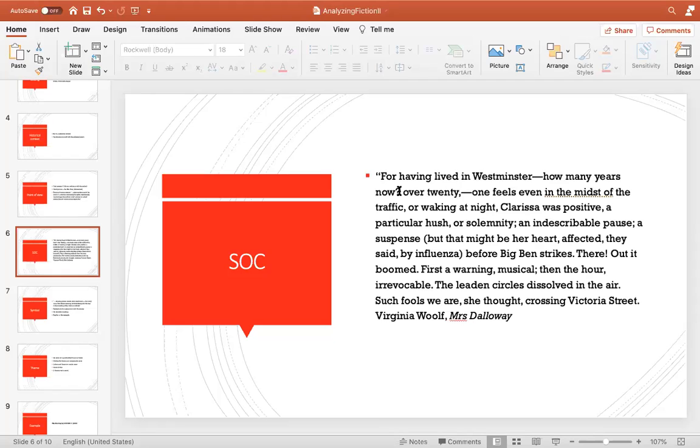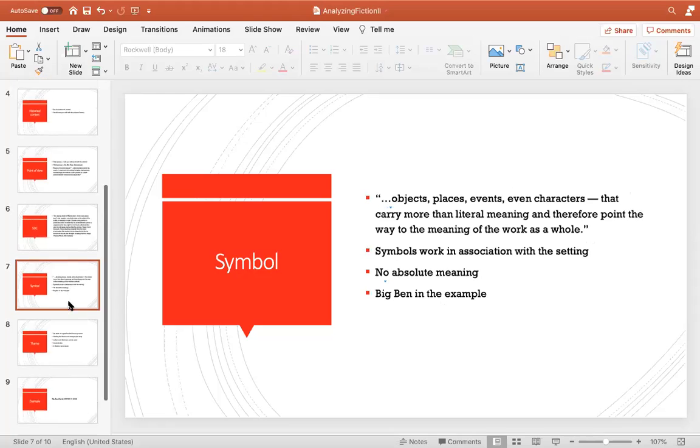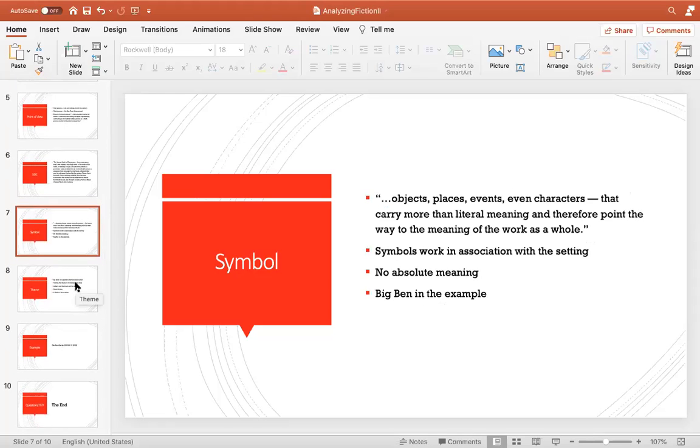Okay, but if you think that way, that means you are thinking about Big Ben symbolically. It becomes a symbol, right? So it does not have an absolute meaning. The meaning that you attribute to an object, treating that object as a symbol, that meaning is not absolute. Okay, that is relative. It is relative to the context in which you are interpreting a symbol.